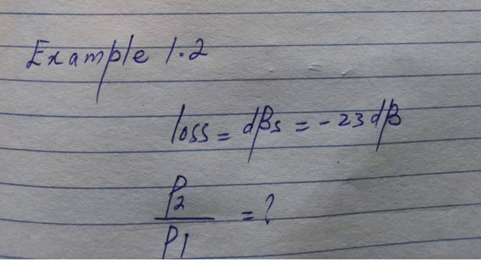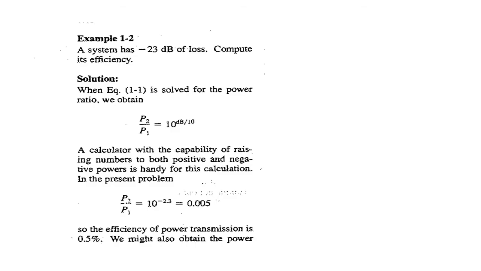P2 is the output power and P1 is the input power, and this ratio gives you the efficiency of transmission. If you look at the statement of example number 1.2, it says that a communication system has minus 23 dB of loss.